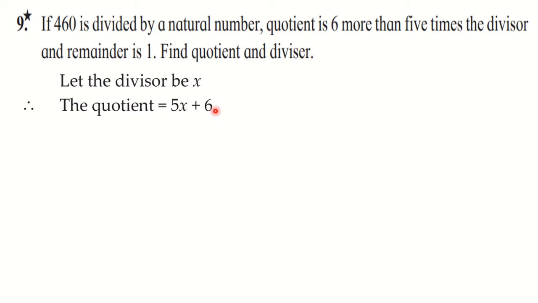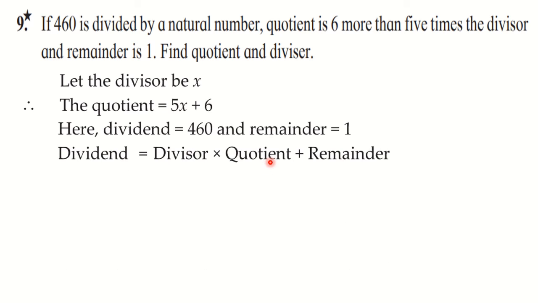Okay, so the divisor is written, the quotient is written. Next step, you write down dividend and you write down remainder. Dividend is 460 and remainder is 1. And then I said you have to use the relationship. So write down the relationship. Dividend is equal to divisor into quotient plus remainder.